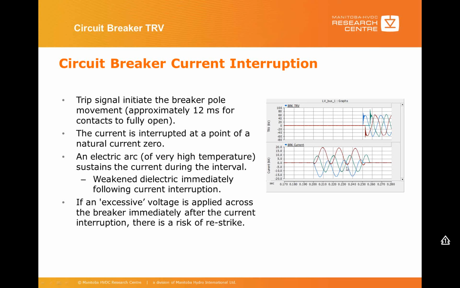You see high current after 3 cycles. We open the breaker, and the current goes to zero. But as soon as the current goes to zero, you see the TRV, or the voltage across the breaker, having an oscillatory period, and then it goes to the normal power frequency voltage across the breaker.